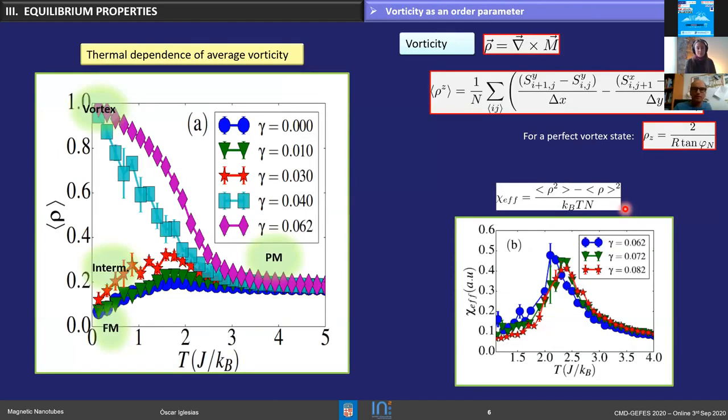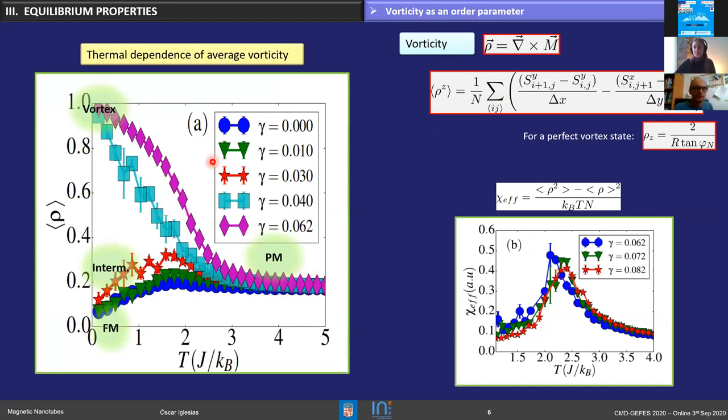In order to better characterize the order parameter associated to these phase transitions, we have found that vorticity, instead of magnetization as usually employed for other studies on skyrmions and so on, characterizes better what happens when we lower the temperature from high to low temperature.